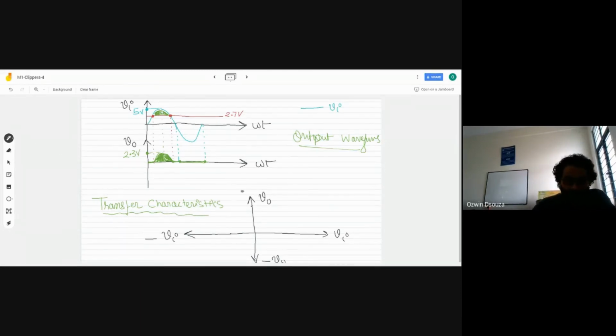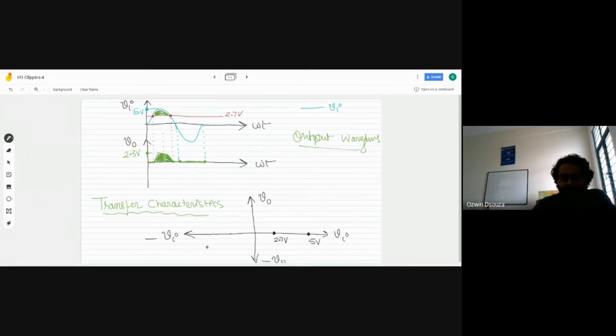Now, in the positive half cycle, the source comparison comes into picture. And what is the breakover point? Breakover point is 2.7 volt. So please mark 2.7 volts somewhere over here. All right. And then also mark the maximum value, that is 5 volt.